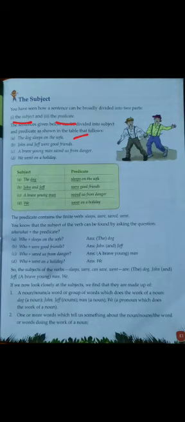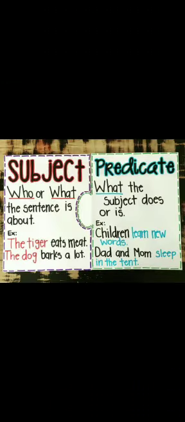The sentence is talking about what? The dog, right? So the dog will become your subject, and what does the dog do? Sleeps on the sofa. So sleeps on the sofa will become your predicate. So like this, every sentence has a subject and a predicate. A subject is who or what the sentence is about, and the predicate is what the subject does or is.